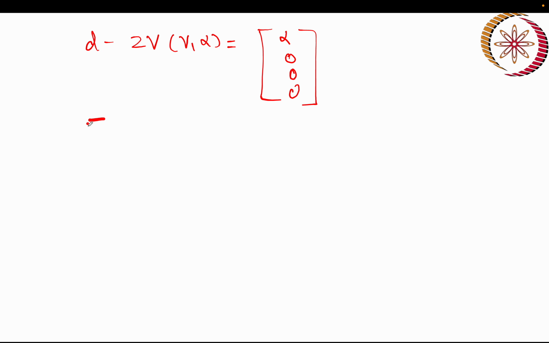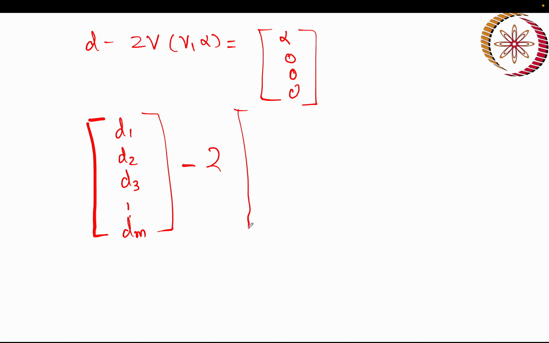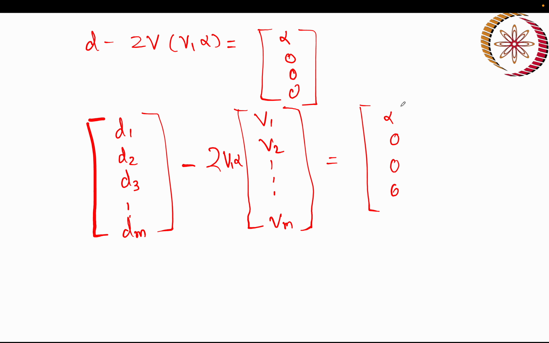Now we will write D1 D2 D3 till Dm minus 2 Vm, V1 V2 Vm into V1 alpha is equal to alpha 0 0 0.